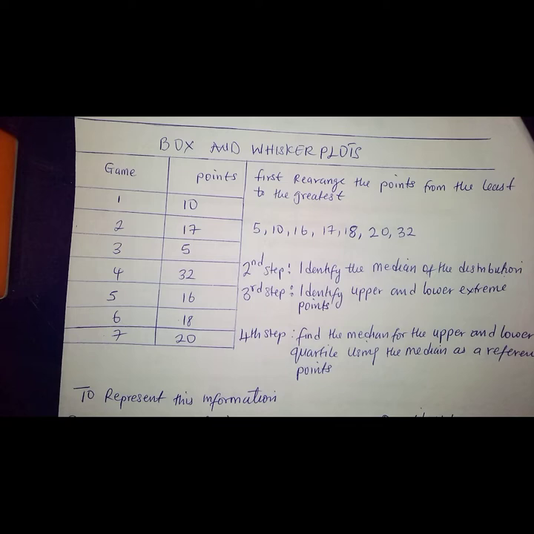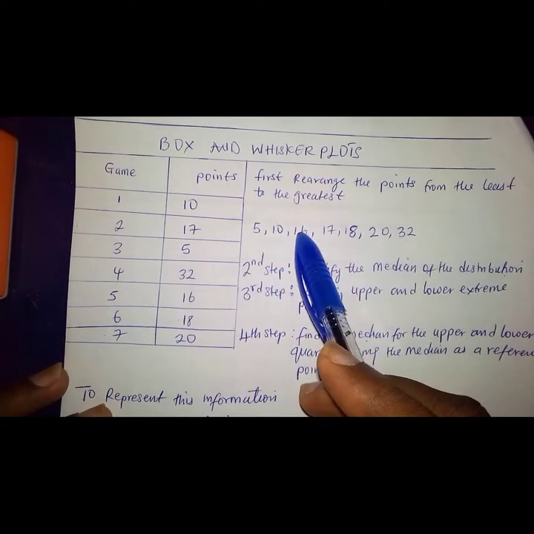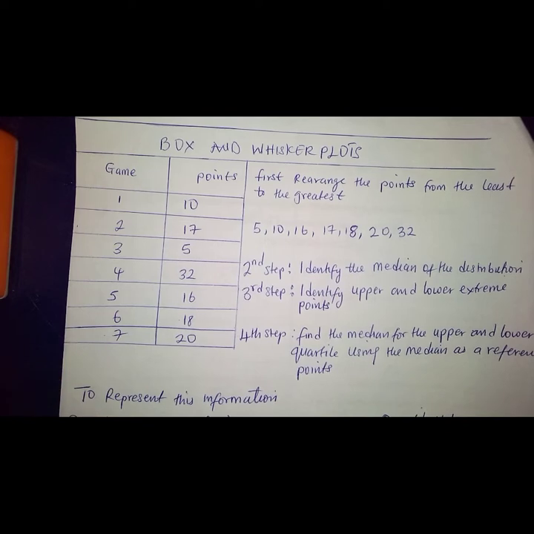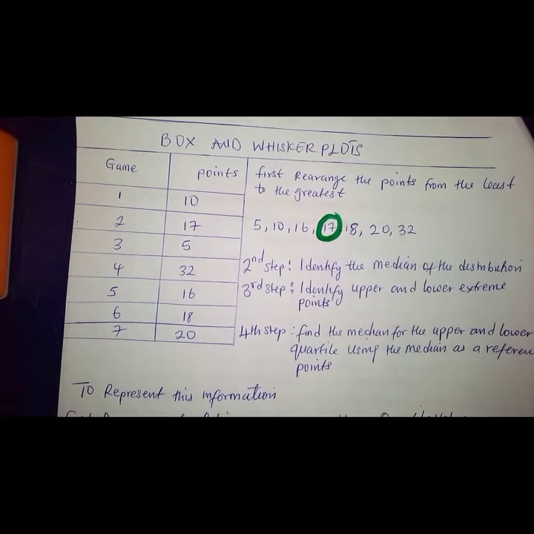Then the second step is for you to identify the median of the distribution. How can you do that? You count 1, 2, 3, and 1, 2, 3. So this is the middle number, and this is called the median of this distribution. You circle it.